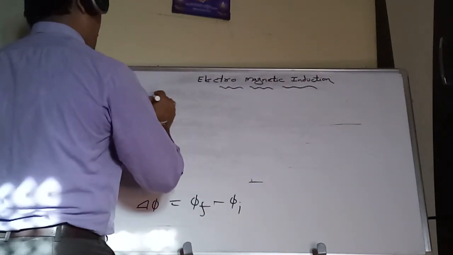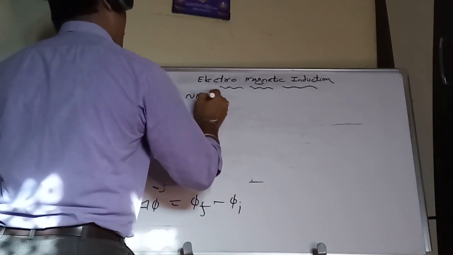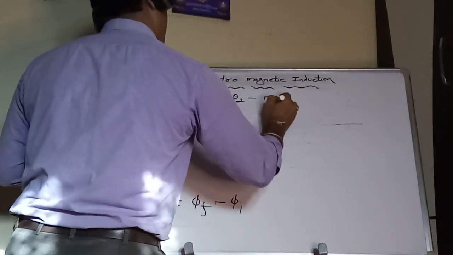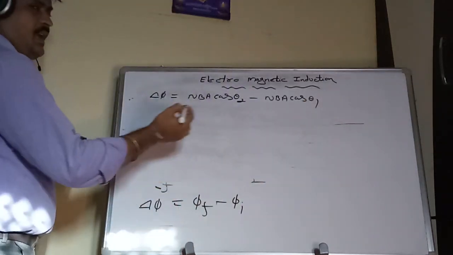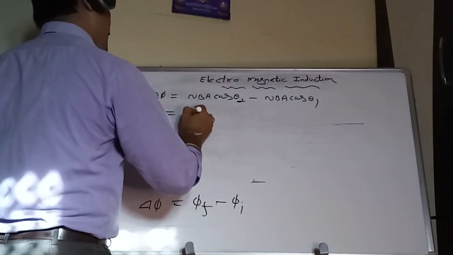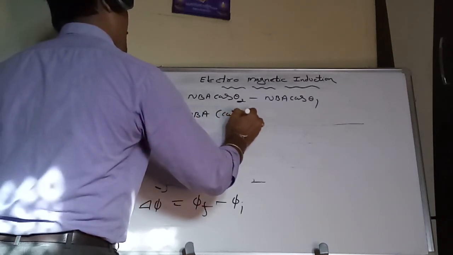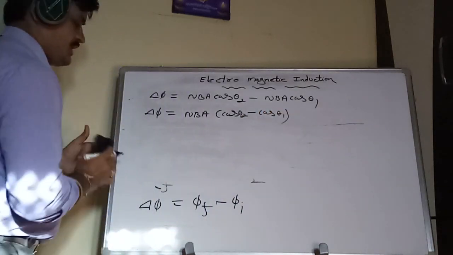So here delta phi equal to NBA cos theta 2 minus NBA cos theta 1. Here NBA is common, so delta phi equal to NBA times (cos theta 2 minus cos theta 1).